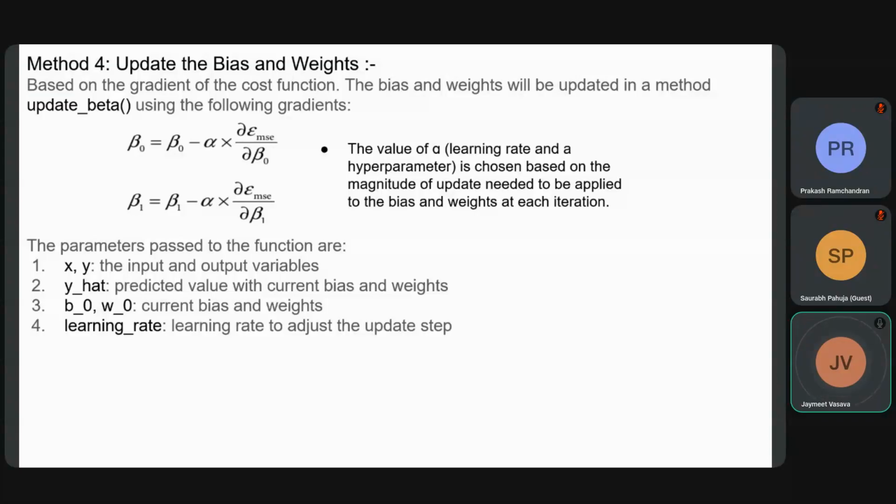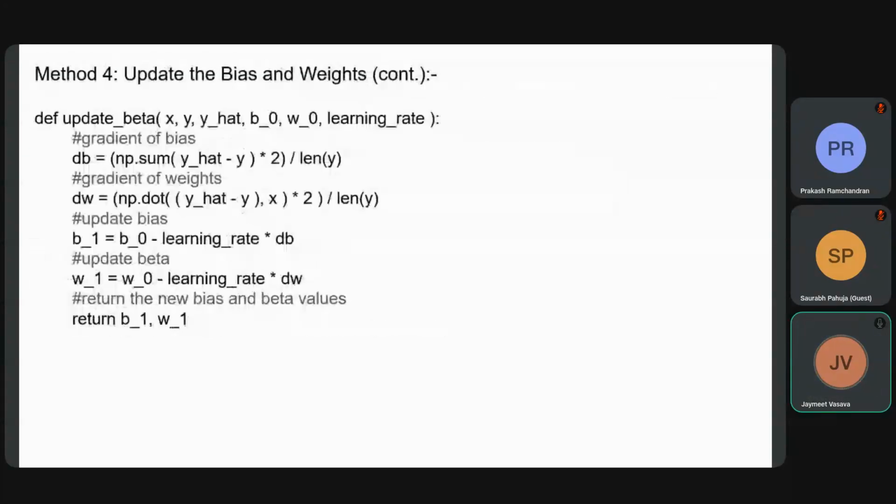So how we will be updating is, define a function called update beta, which will be taking the parameters as x, y, y hat, the bias and weight, which will be denoted by B0 and W0, and the learning rate, which is defined by alpha in the formula. So the update beta function is defined, and you can see the parameter values it takes.